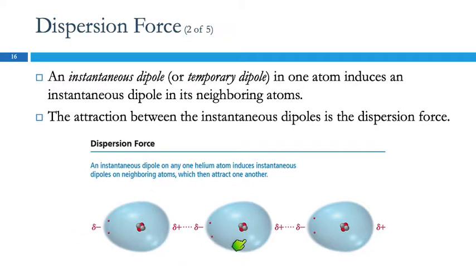So when a neighboring helium atom is in proximity to this, the positive side of this atom attracts the electrons in this helium and causes or induces a dipole in this one. And we have this attraction between the temporary dipole in each of these atoms. This temporary dipole in this one is going to cause a temporary dipole in the neighbor.